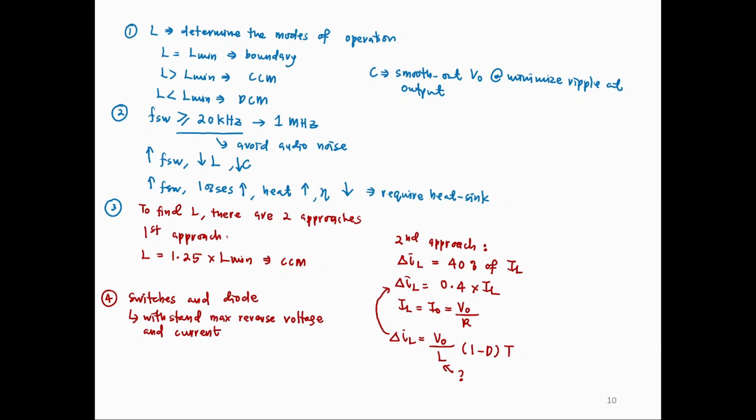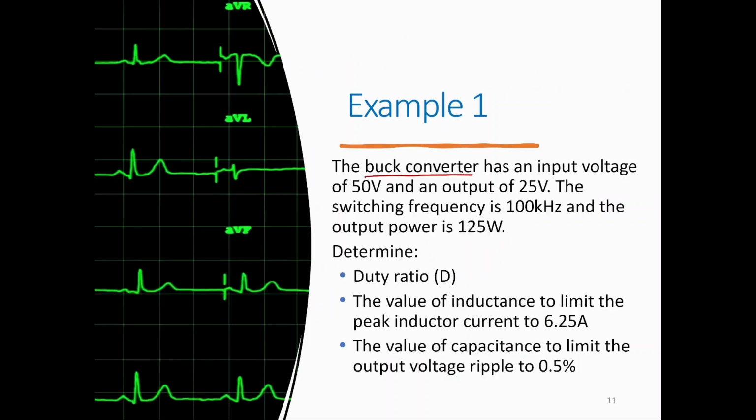So for duty cycle, first you need to check what type of converter is being used in the question. Is it buck converter, boost converter, or buck boost converter? In this case, it's buck converter. That is number one. Identify the jenis converter.